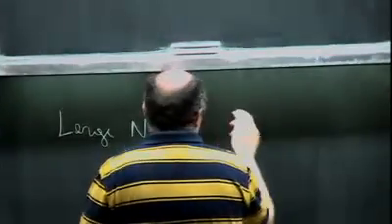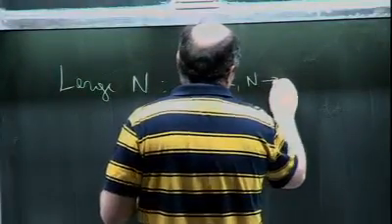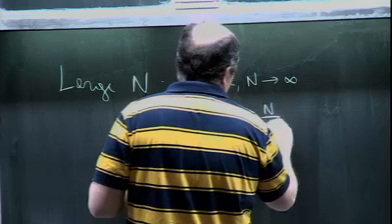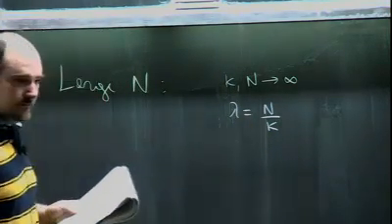In this Chern-Simons theory, the 't Hooft limit is defined as k and N going to infinity with lambda equals N over k fixed, which plays the role of the 't Hooft coupling here.